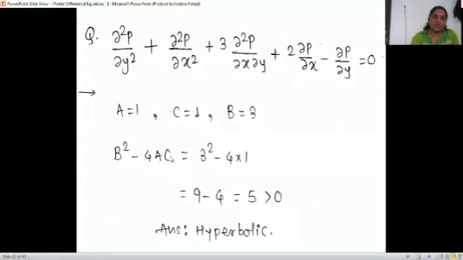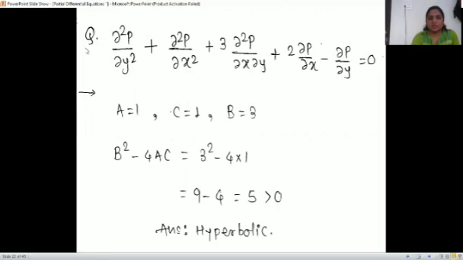For example, if this is the equation given to you, then we have to find whether it is parabolic, hyperbolic, or elliptical. So comparing with A, B, C, D, E, F, G, A is the double derivative with respect to x, so A is 1. B is with respect to x, y both, so B is 3.